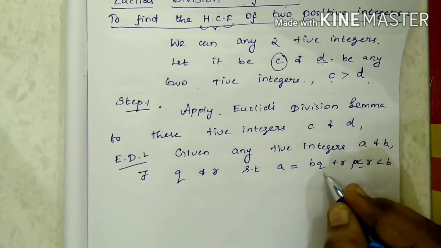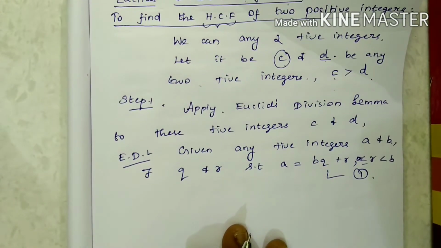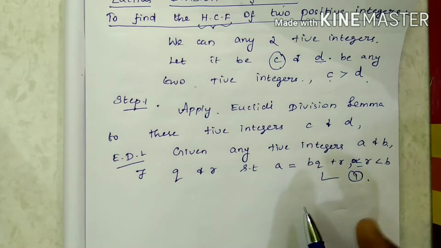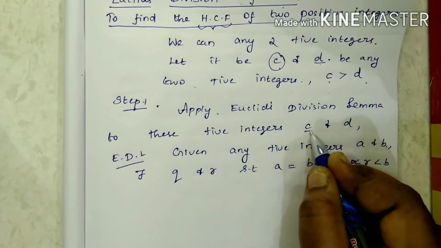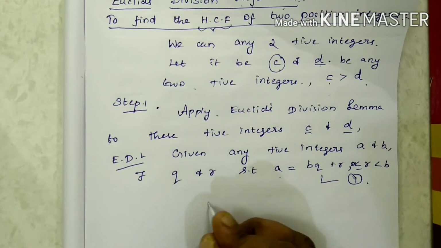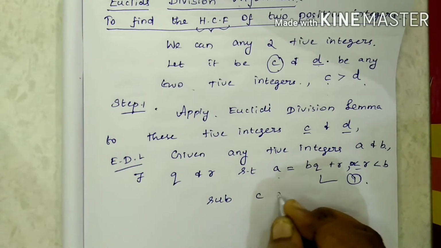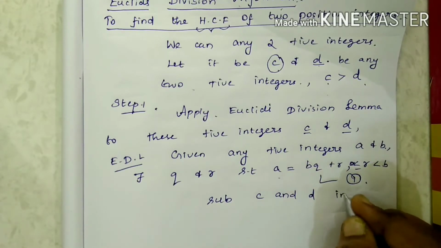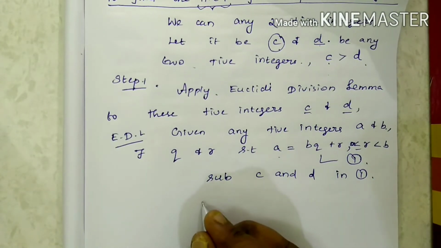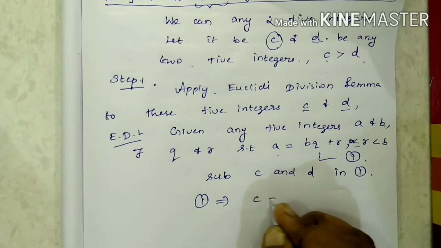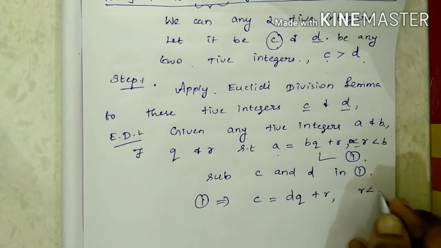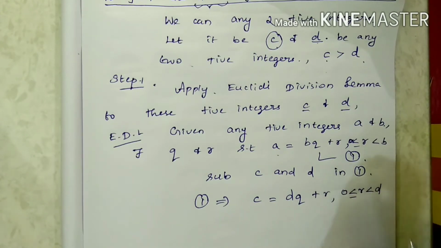Now take this one as equation 1. We are going to apply this lemma to our integers C and D. So we are going to substitute the integers C and D in equation 1 in the place of A and B. Then equation 1 implies C equals D into Q plus R, where R is less than D and greater than or equal to 0.